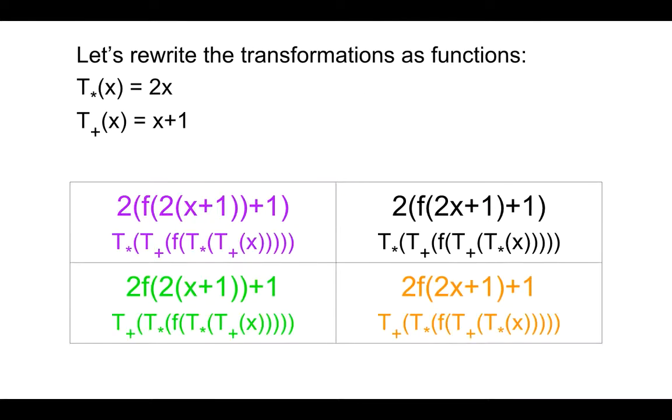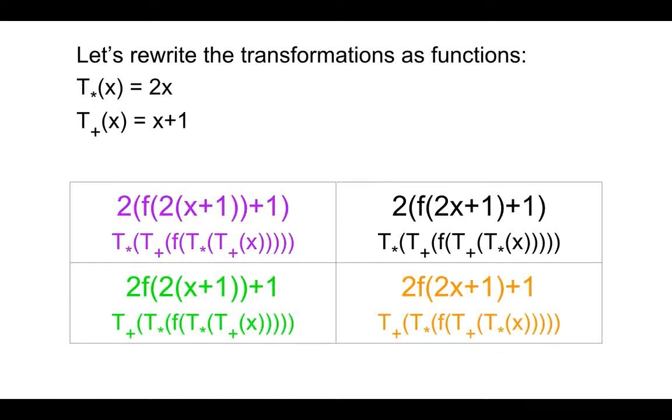So I'm going to rewrite this a little bit. Let's rewrite our 2x, or our multiplication transformation, the stretching and compressing. We're going to write that as t star, as the function t star.